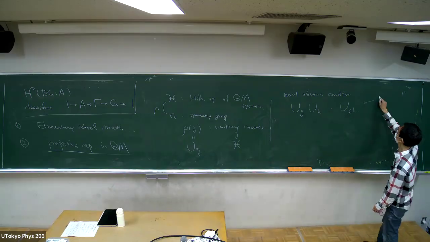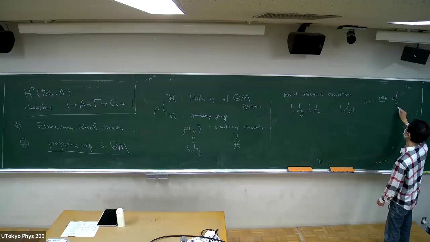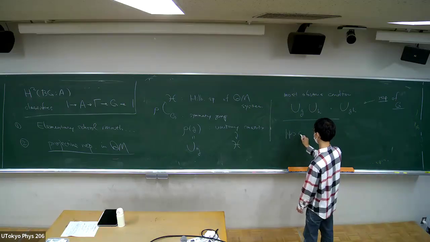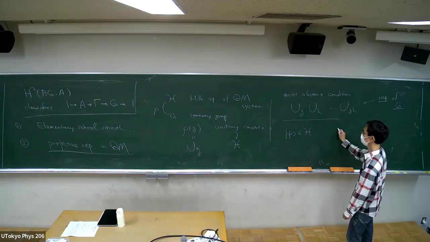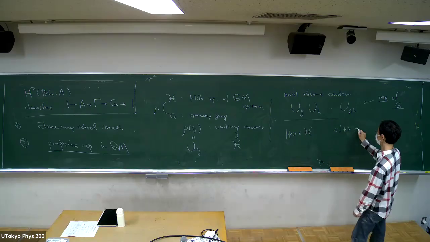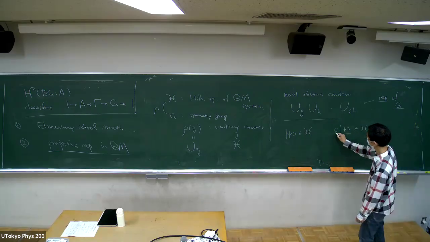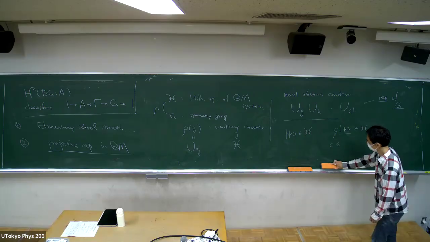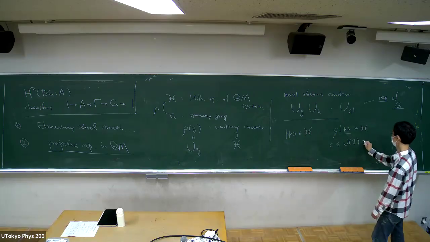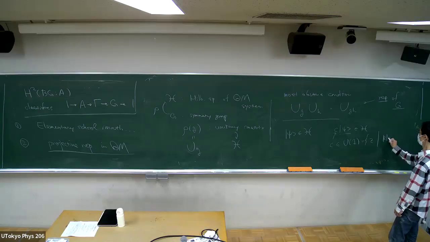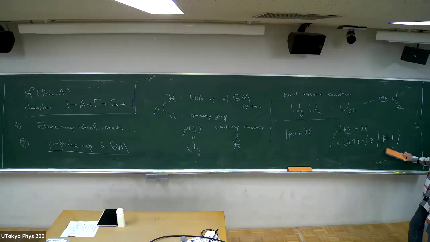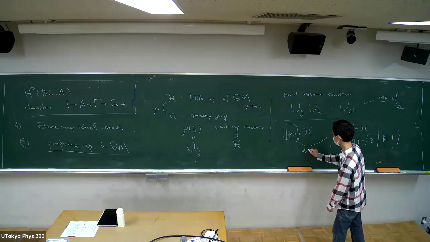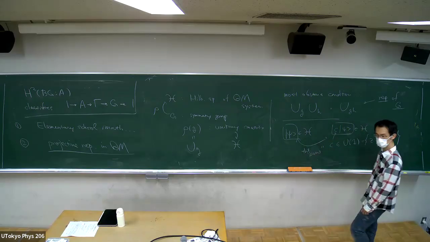In that case, you get the representation of G. However, we know that a ket in Hilbert space and a complex number C times a ket, where C is a complex number with absolute value 1, so it's in U1, which we regard as the set of complex numbers with absolute value 1, these two vectors in the Hilbert space are the same, physically, right?